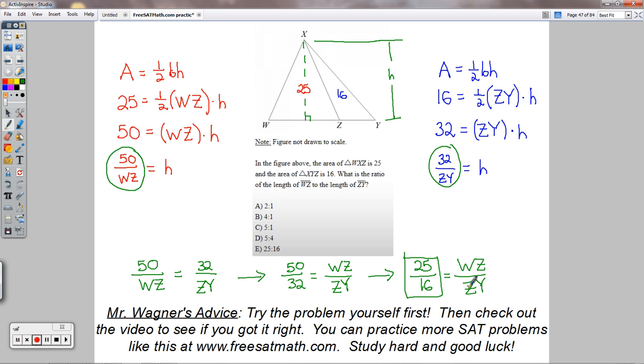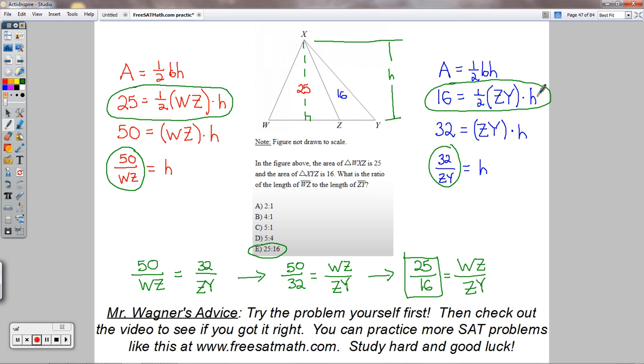A ratio is just a fraction. It's just one thing compared to another thing. So the final answer should be choice E. For a little further explanation, going back to what I talked about here, with this equation right here and here, the only way for this to work out would be if this ratio held up. This ratio is actually true. It doesn't matter what H is, it's going to be the same in both of these.